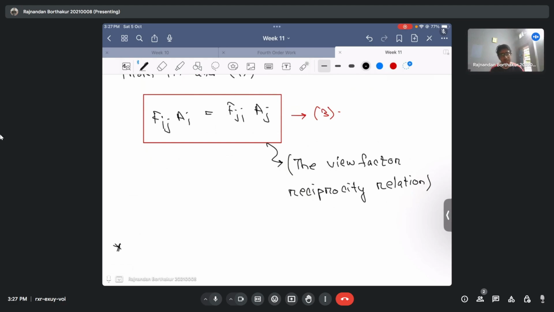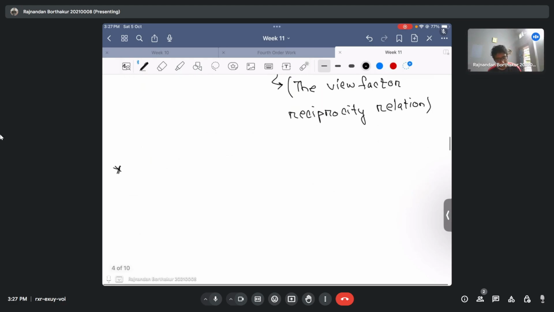But apart from this, you also need to understand that if I have a surface i, and many other surfaces, let's say some arbitrary surfaces like this, this is surface 1, this is surface 2, this is surface 3, and in this way up to my nth surface.